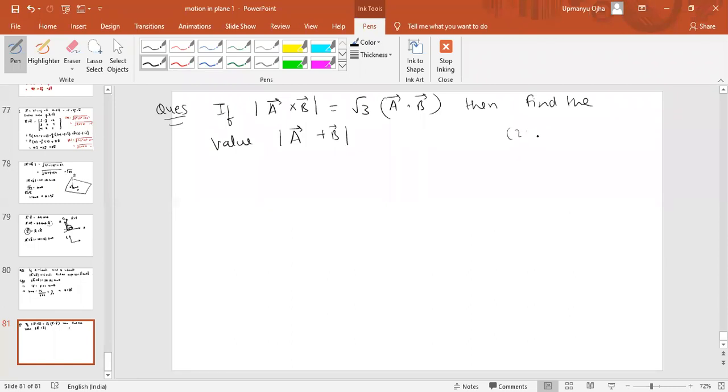This was asked in 2004 NEET exam. Okay, can you solve this problem now?